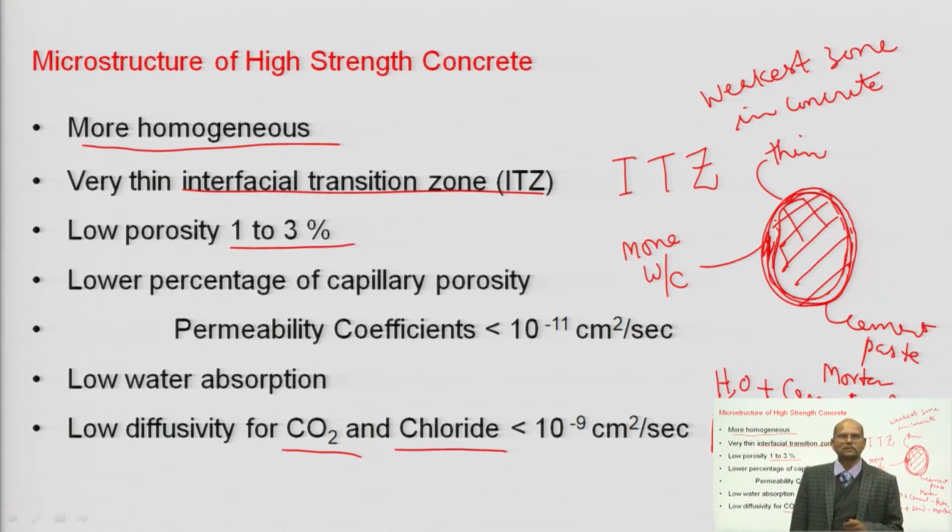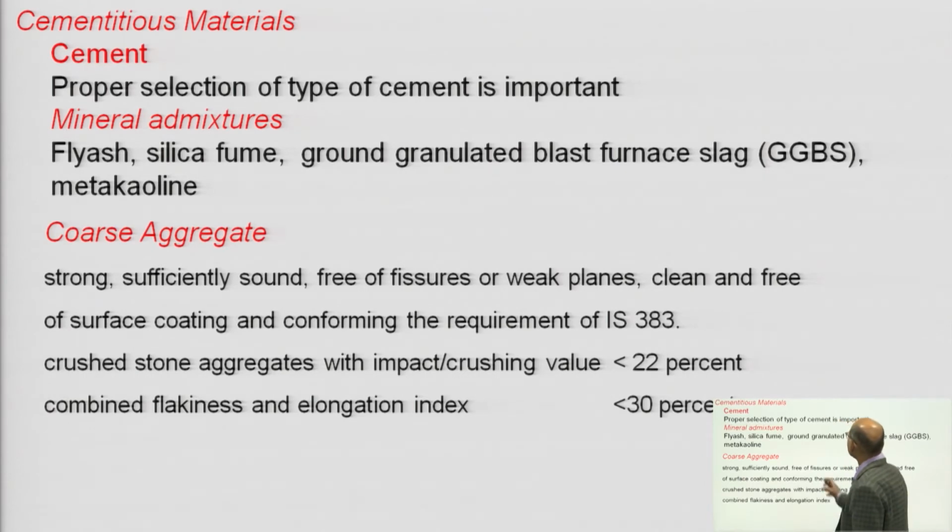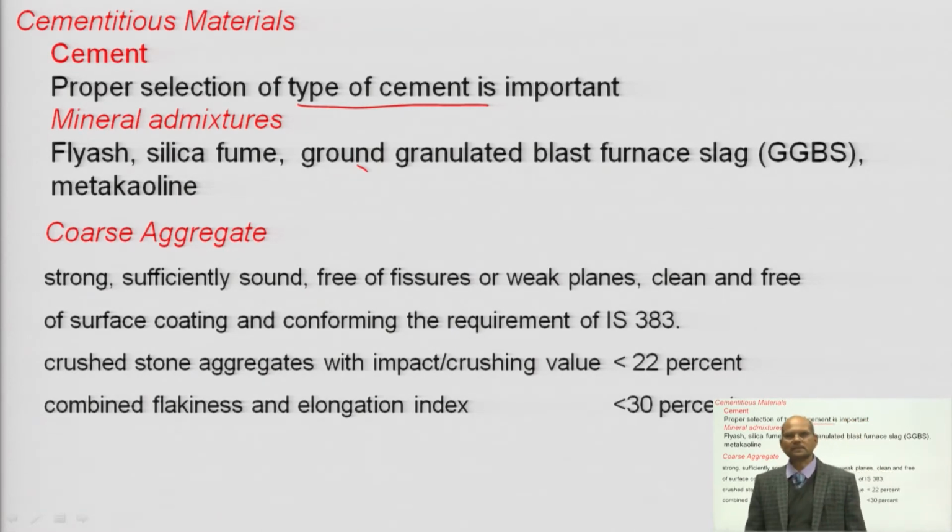So, this is the microstructure of high strength concrete. Now you see the cementitious material. What cementitious materials do we need? Proper selection of the type of cement is also important, because the amount of cement is more, so heat of hydration will be there, and there will be a problem of autogenous shrinkage also.